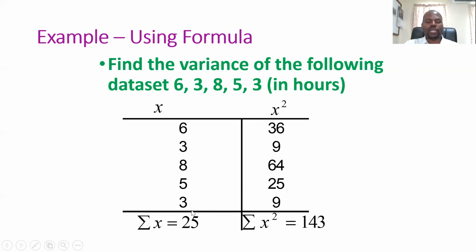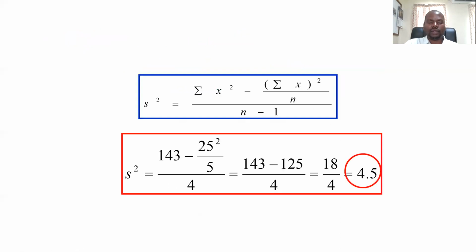We can use any of the formulas. If we want to use the one with a correction, then we need to square 6, 36, 9, 64, 25, and 9.